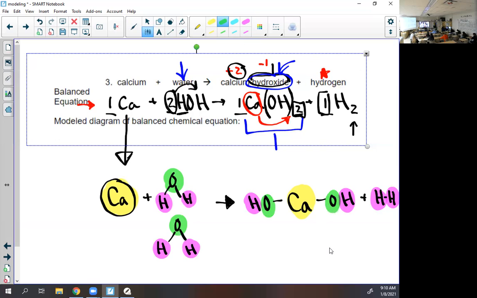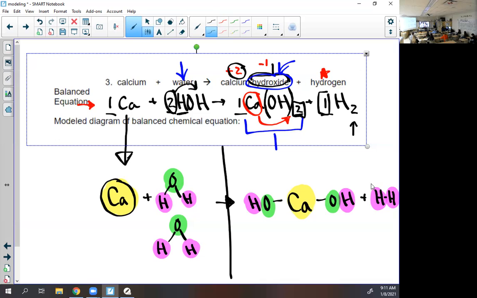All right. Now, why am I making you draw and color? It's so you can see the balance. You can literally look up there and see, hey, on the left side of this line, I have 4 H's. 1, 2, 3, 4. On the right side, I have 1, 2, 3, 4.